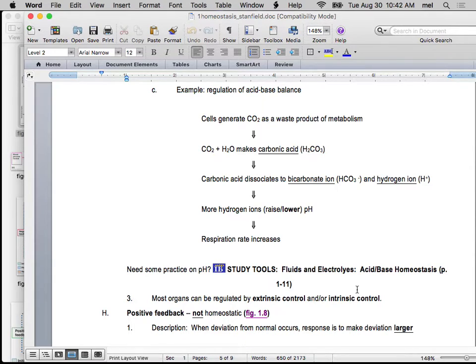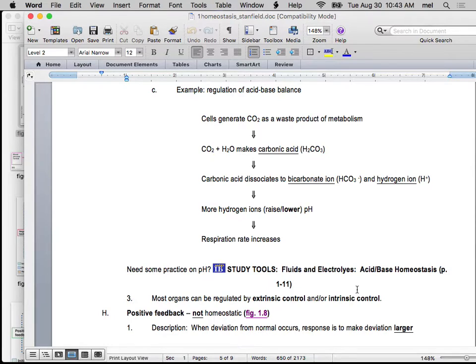Okay. So as carbon dioxide tends to go up, increasing metabolic rate, here's what's going to happen. Carbon dioxide will combine with the ever-present ubiquitous water because it's just always around, right? And then it's going to generate carbonic acid, which is H2CO3.